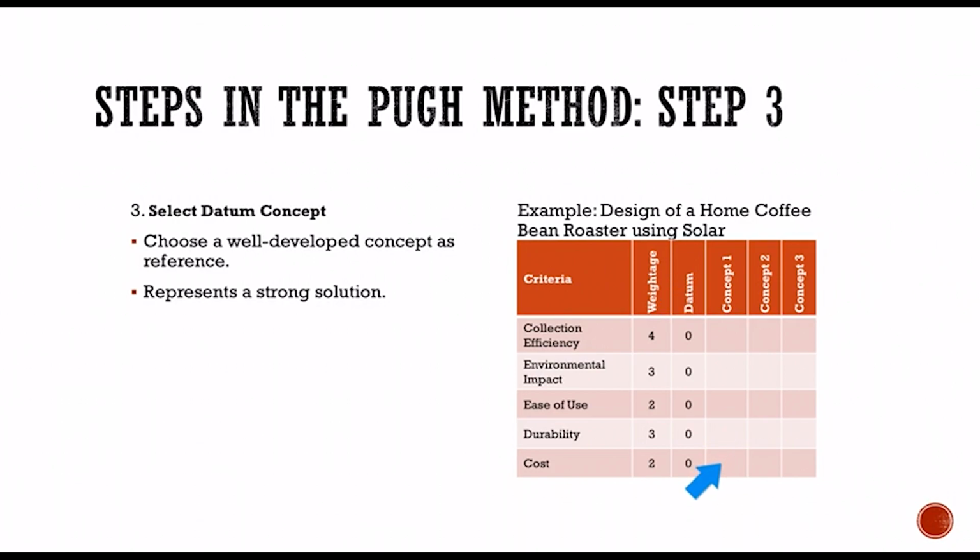For educational purposes, let's say the existing product related to the home coffee bean roaster using solar is named product A. But for your project, you need to find an existing product in the market that relates to your study or to the product that you want to develop or improve.